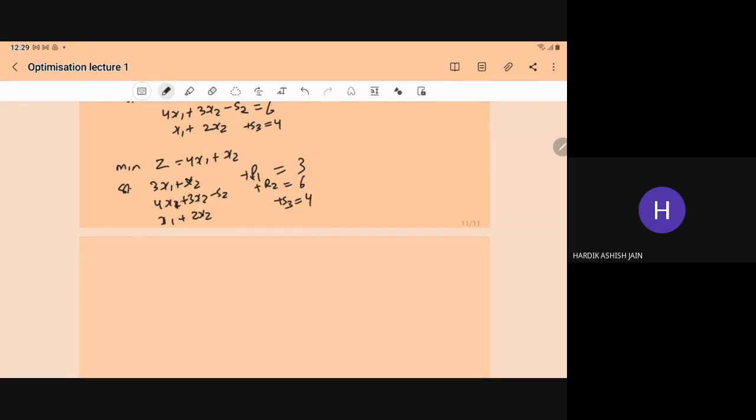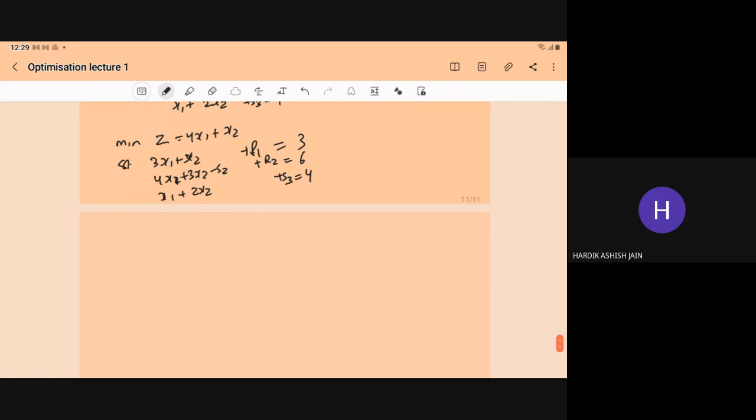Now r1, r2, s3 can form the identity matrix and act as the initial basic variables, because they give 1 0 0, 0 1 0, 0 0 1.